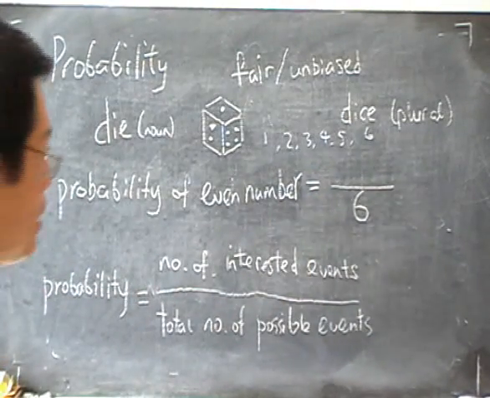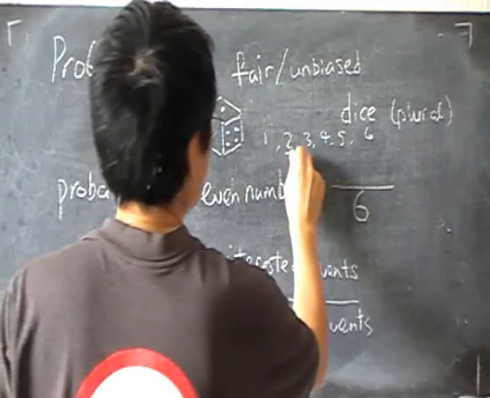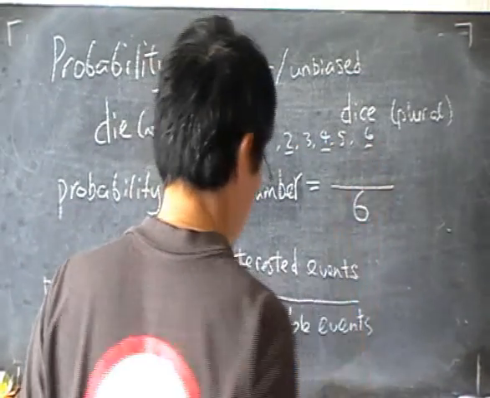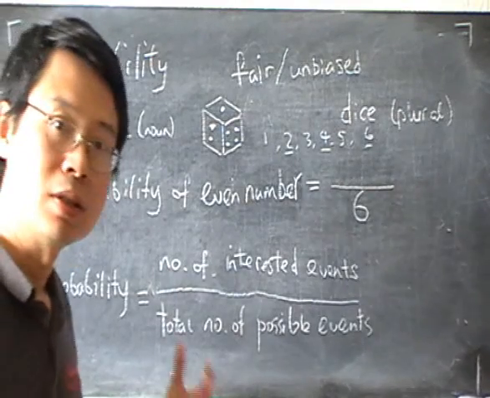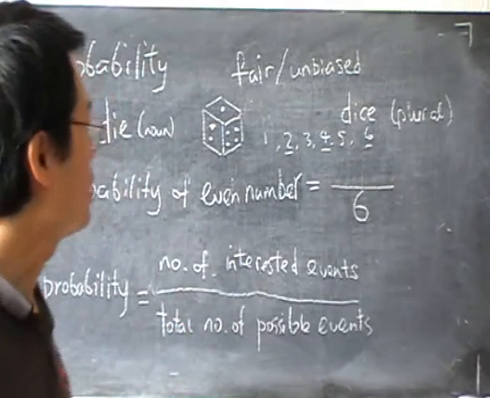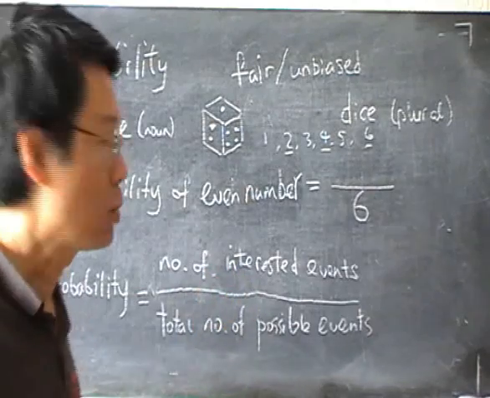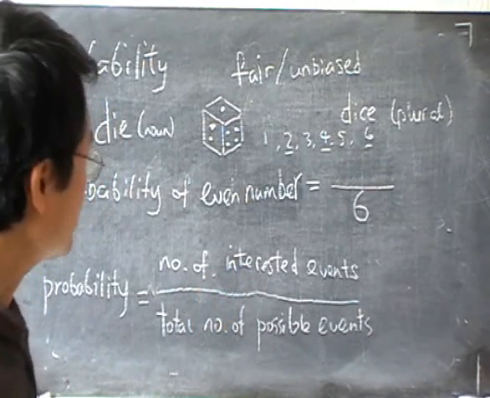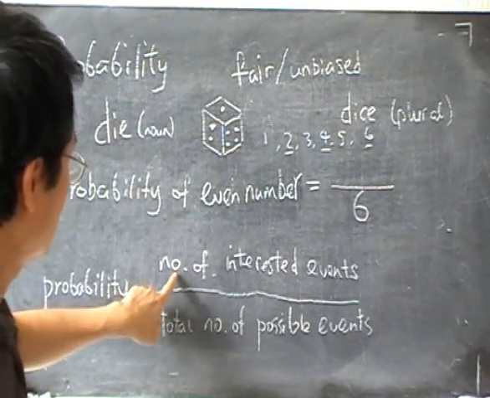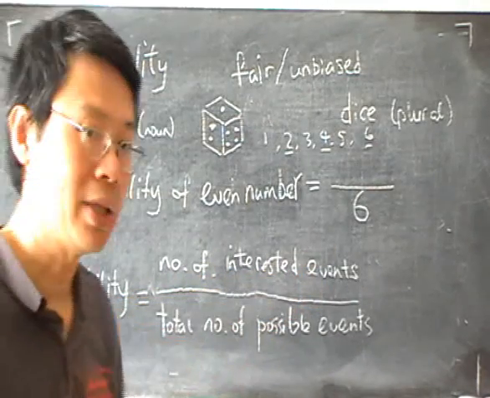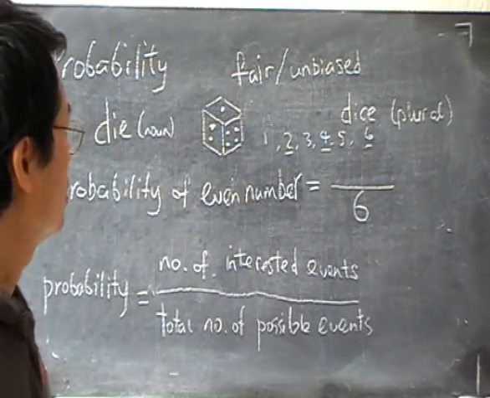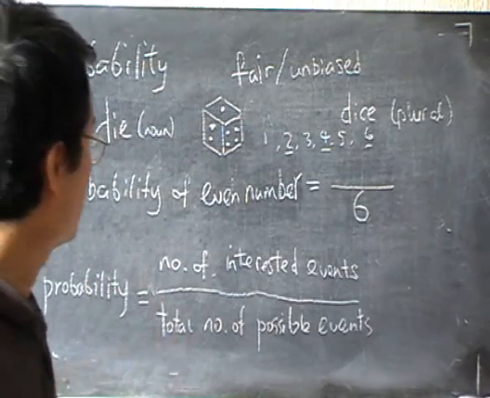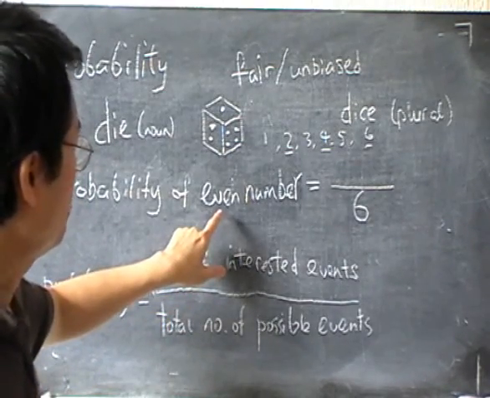Now an even number means 2, 4 or 6. So you see, in this example, it is a bit more complicated than the one just now. This time, my number of interested events is bigger, right?